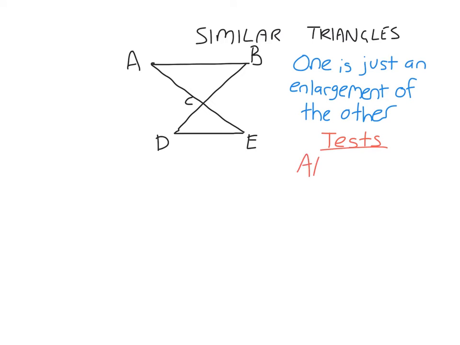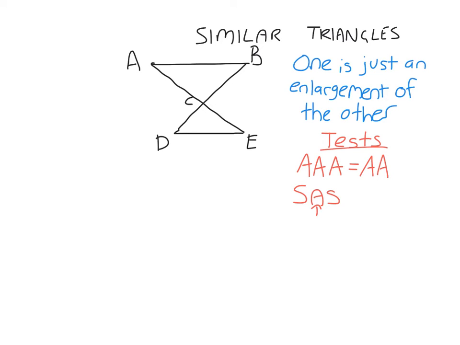So AAA means angle, angle, angle. If two triangles have three pairs of equal angles, then they must be similar. Of course, you only need to show that two pairs of angles are equal, because if two pairs of angles are equal, then the third pair will also be equal, because angles in any triangle add up to 180 degrees. So that's the first test. The other test we have is SAS, so two sides in proportion and the angle in between.